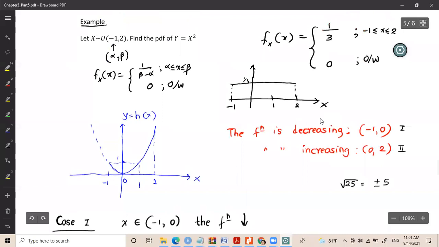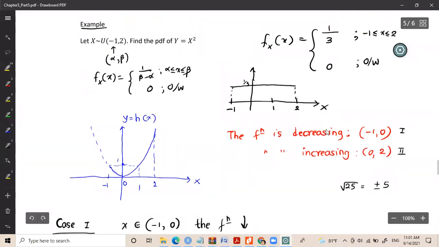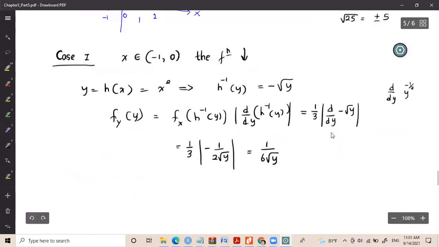X is in between -1 and 0, right? So let's find that also. Sorry, x is in between -1 and 0. So what will happen to y? The square root of y is decreasing.